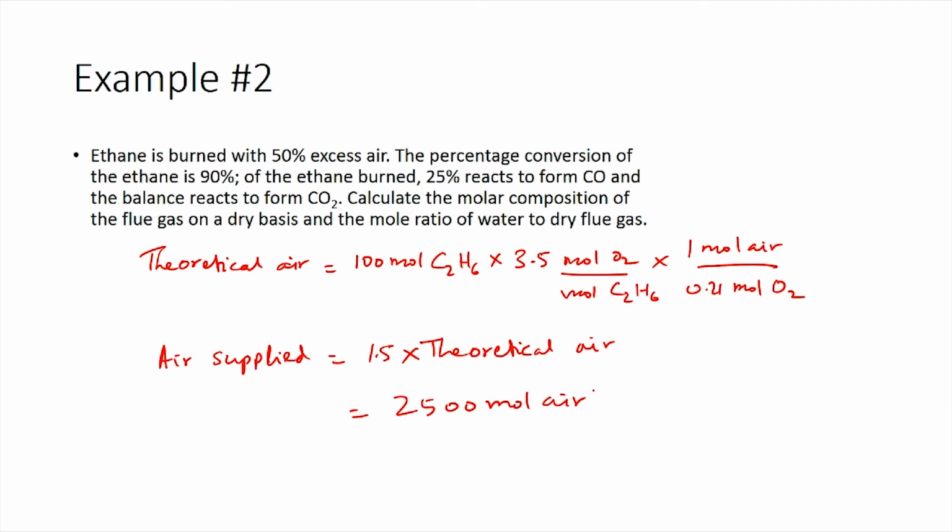So, that means 10% is remaining and it will be leaving the system as unused reactant. So, unreacted ethane would be 0.1 times 100, which is 10 moles of ethane. So, this is the unreacted ethane. So, the rest 90 moles has been consumed in the process.